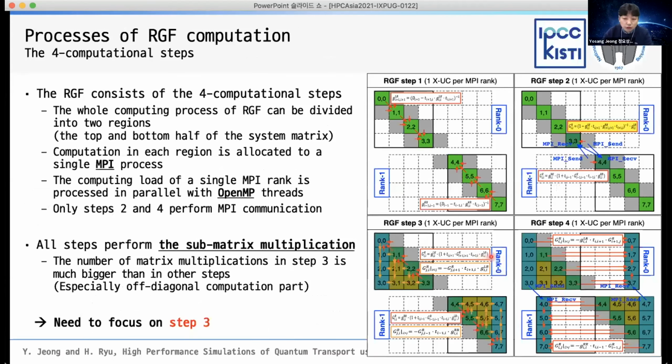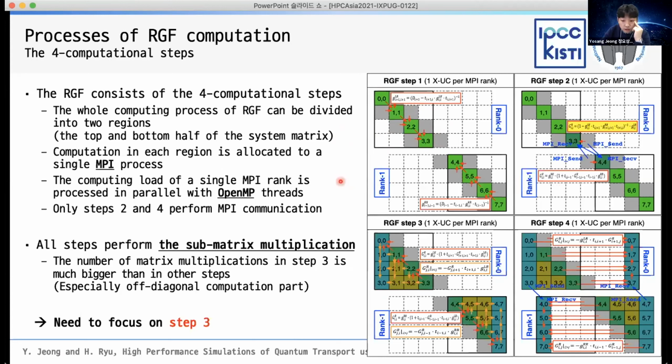Let's take a quick look at the RGF computation process. The RGF algorithm consists of 4 computational steps. The whole computing process of RGF can be divided into 2 regions, the top and bottom half of the system matrix. The computation in each region is allocated to a single MPI process. And the computing load of a single MPI process is processed in parallel with OpenMP threads.